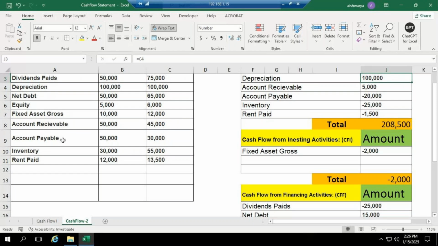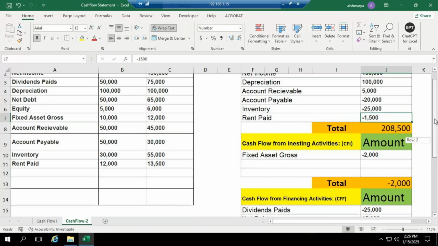Accounts payable, we are paying now, so that means minus 25,000. Inventory, 30 here, 55. Inventory is nothing but the stock, so minus 25,000 because we are paying this. Again rent paid also minus 1,500.